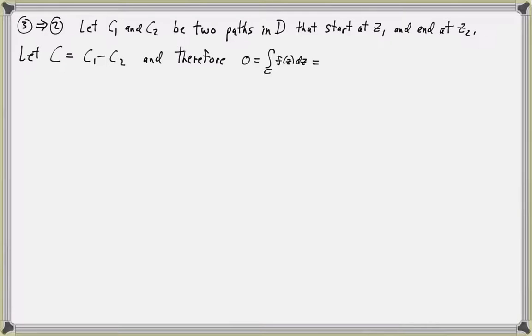But this is going to be equal to the integral of f of z dz over C1 minus the integral of f of z dz over C2. But this implies that these integrals over C1 and C2 are equal.